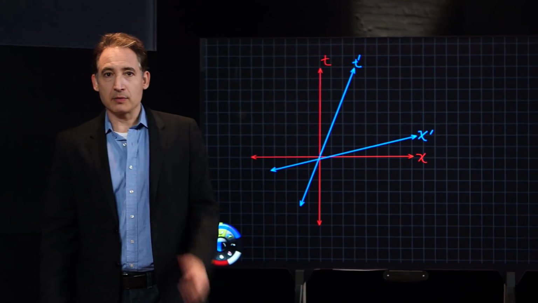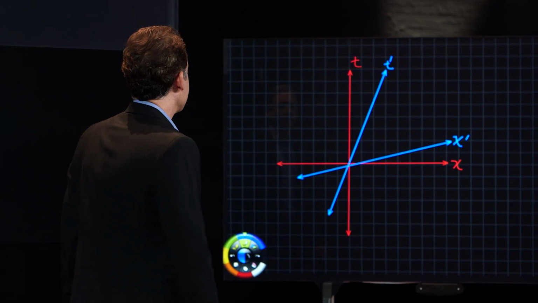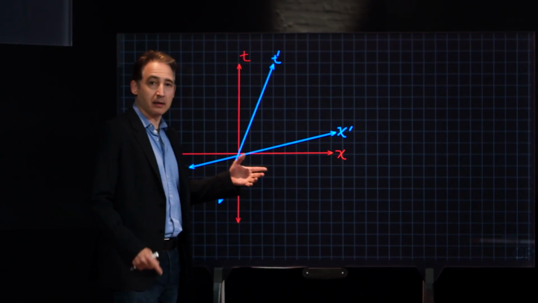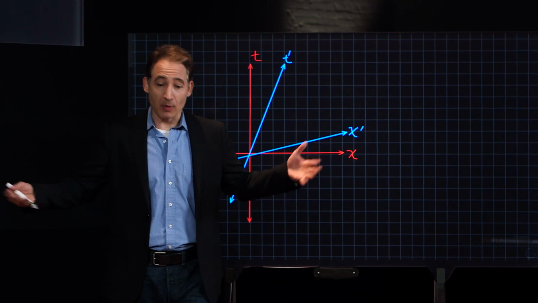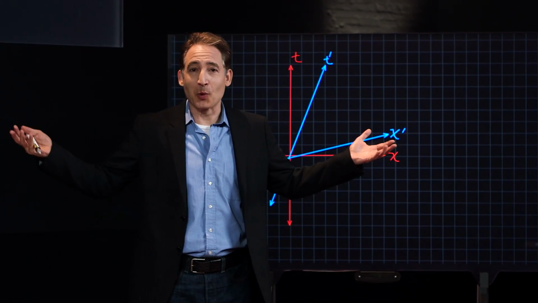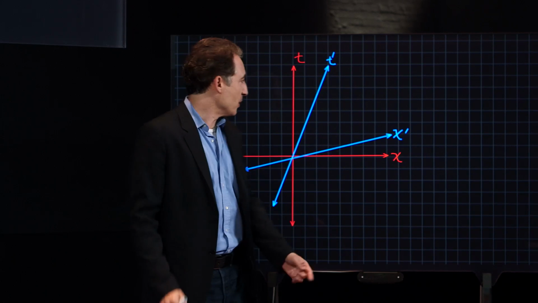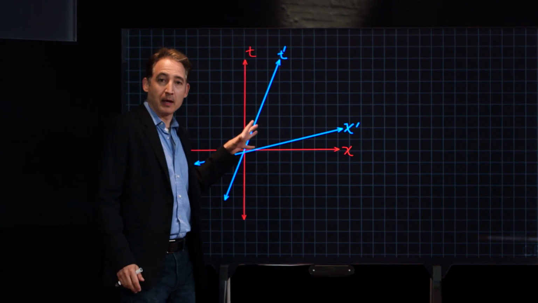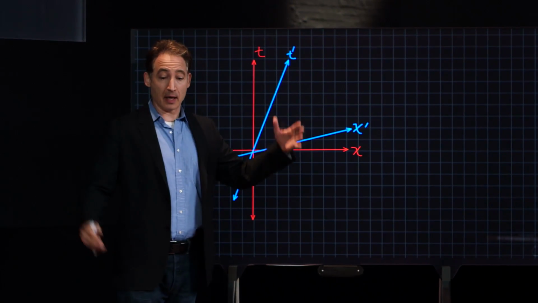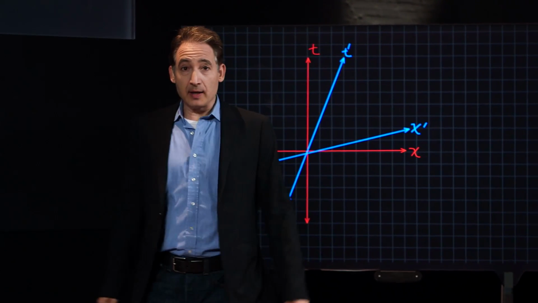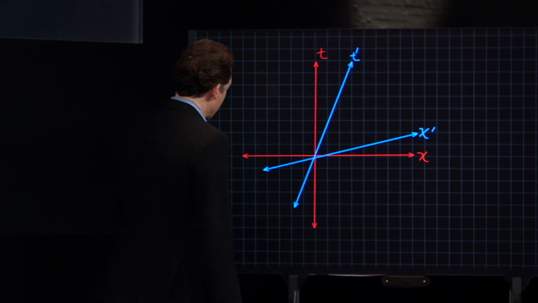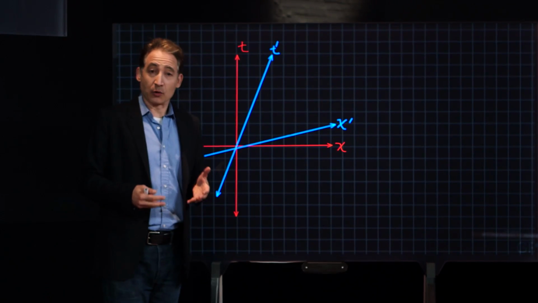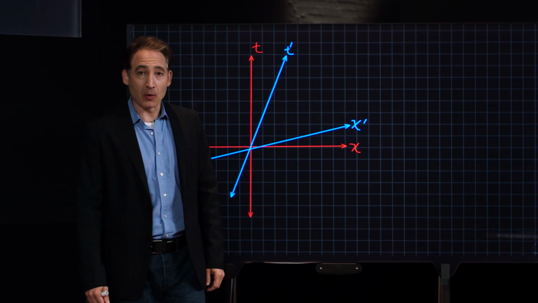Now, first remark is, notice that the t prime and x prime axes are not orthogonal, right? Whenever we change coordinates in basic geometry, we start with axes at right angles to each other, and then we rotate them or translate them. But in relativity, things are a little bit different. So the axes are not orthogonal, but that's okay. There's no mathematical rule that says axes have to be orthogonal.